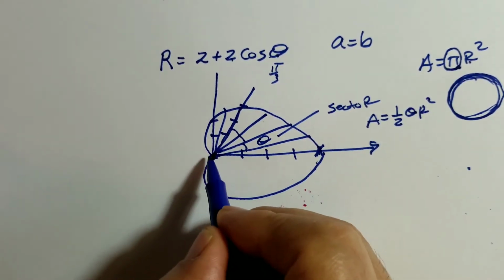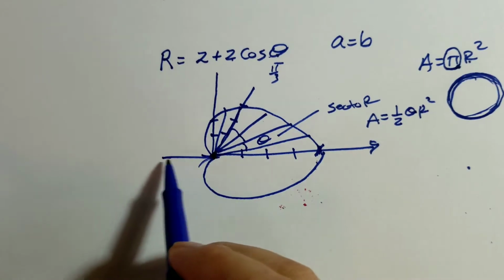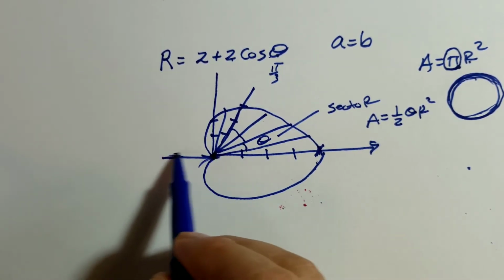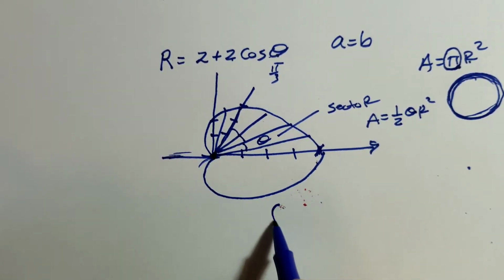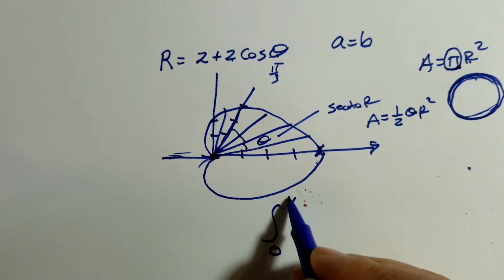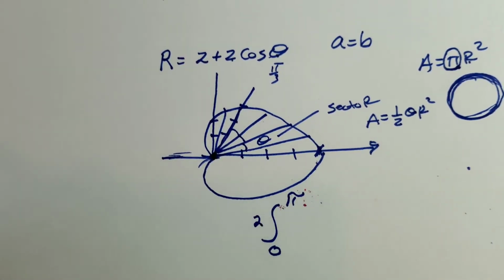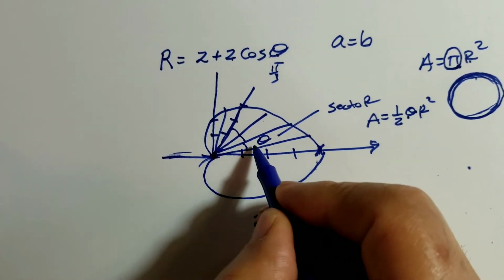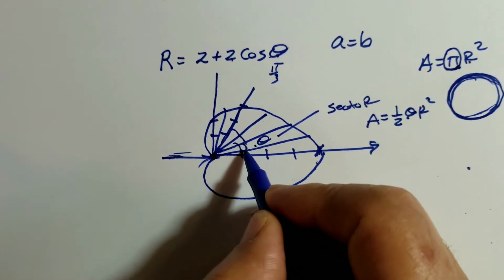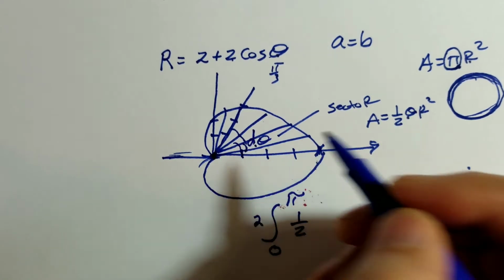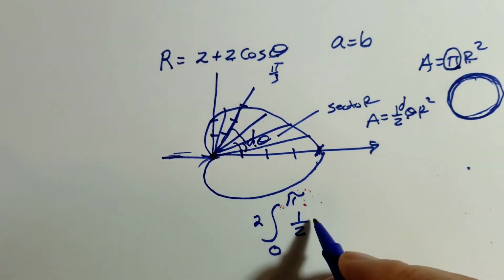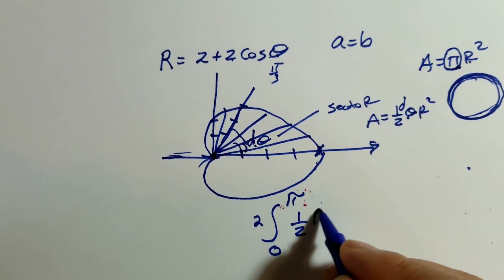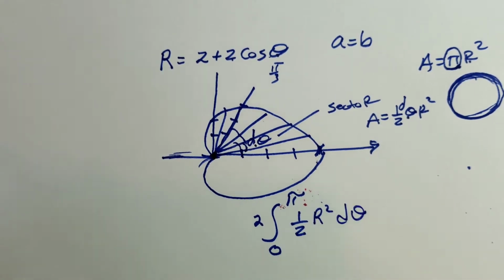And since this is a cusp right here, and the function is not differentiable at that point, you have to break your problem into 0 to pi and double your answer. And you say 1/2, and remember that's the part of your theta, and therefore we call it d theta, and that becomes 1/2 r squared d theta.